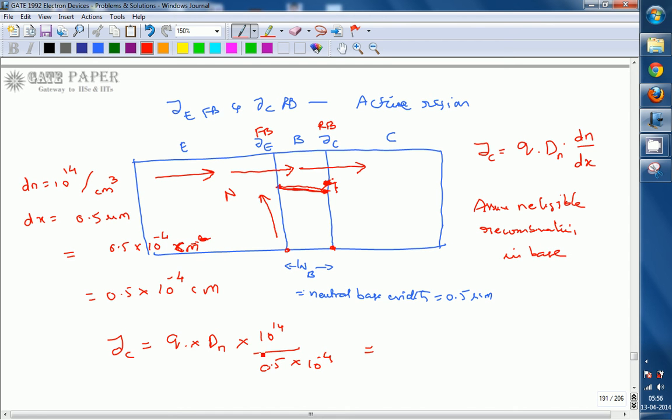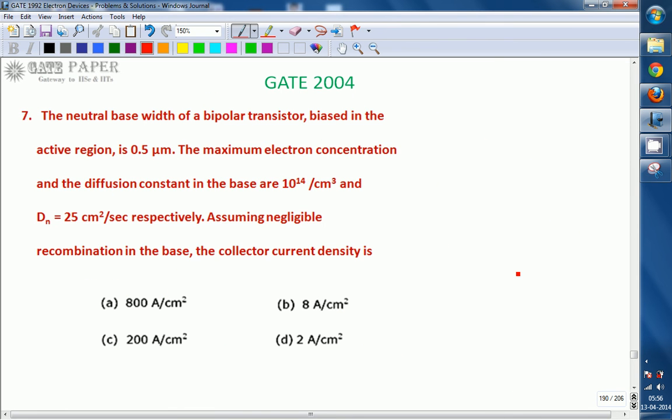If you substitute the values, you get 8 ampere per centimeter square as the collector current density. The right answer is B.